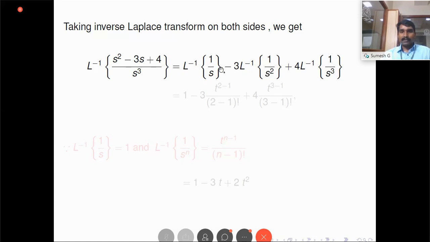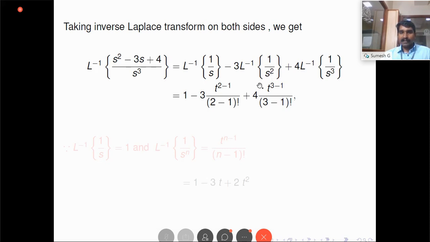We have to use the standard result. Inverse of 1 by s is 1, minus 3 into inverse of 1 by s square. Inverse of 1 by s raised to n is t raised to n minus 1 by n minus 1 factorial. Here n equal to 2.